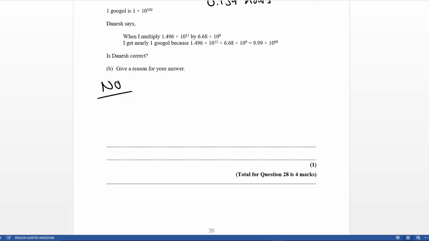Why? Because what he's done, he has multiplied the powers. 10 to the power of 11 times 10 to the power of 9, he thinks it's going to be this, but that's not correct.